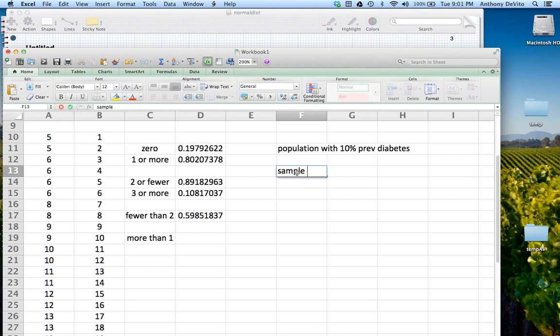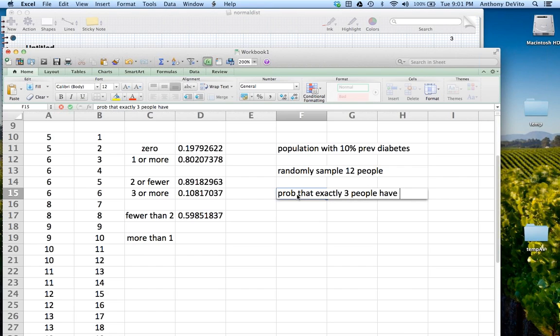You randomly sample 12 people from that population. What's the probability that exactly 3 people have diabetes?